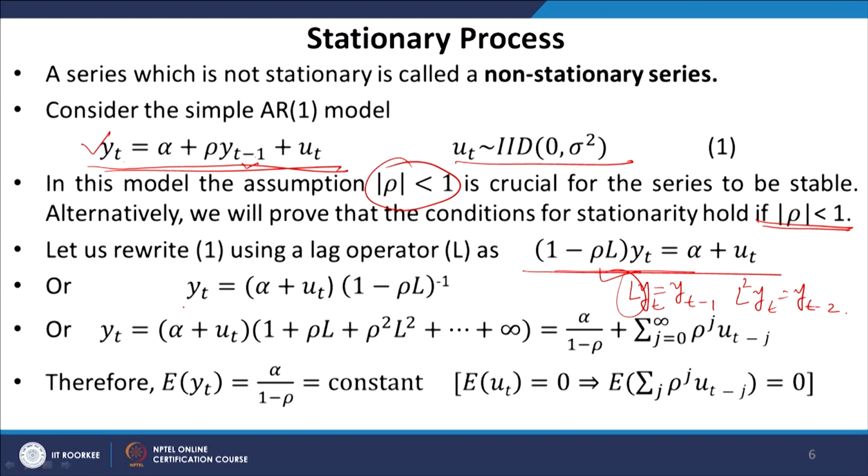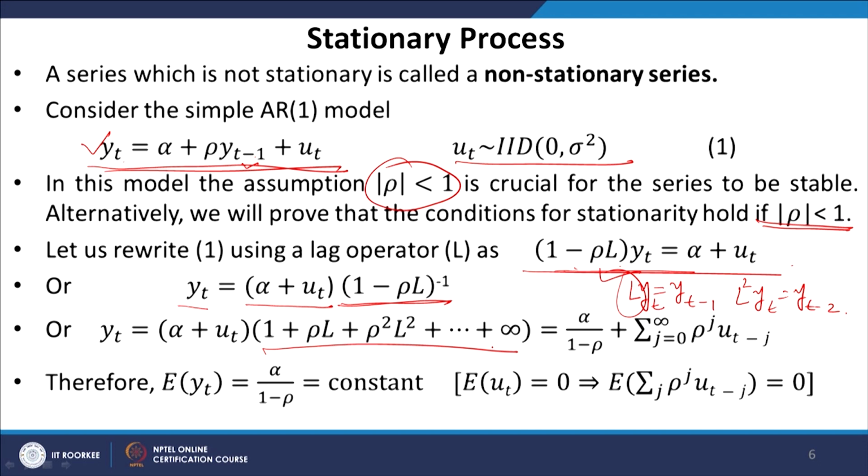So, y t will be alpha plus u t multiplied by (1 minus rho L) raised to the power minus 1, because I am taking this to the other side. Now, (1 minus rho L) raised to the power minus 1 can be expanded as 1 plus rho L plus rho square L square plus and so on up to infinity.